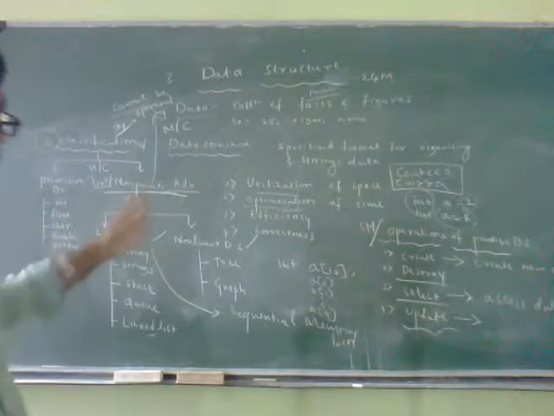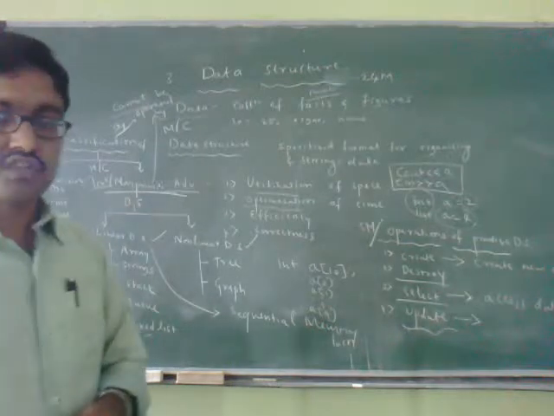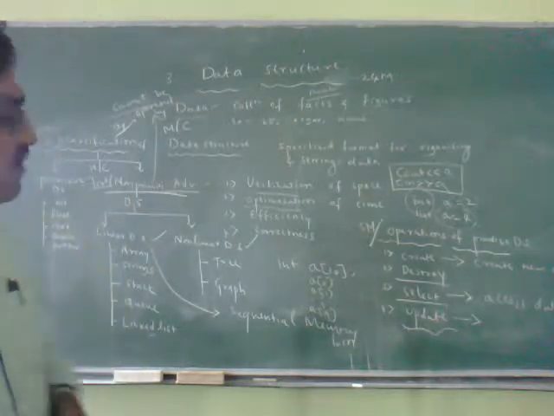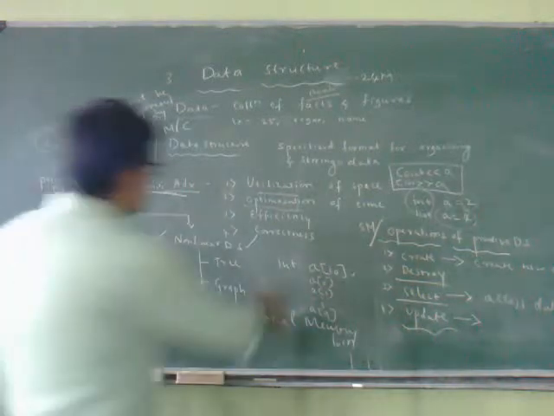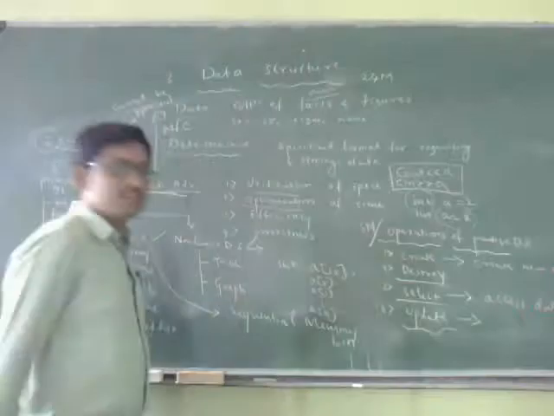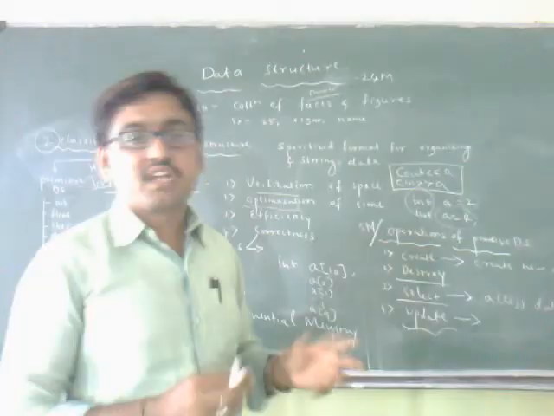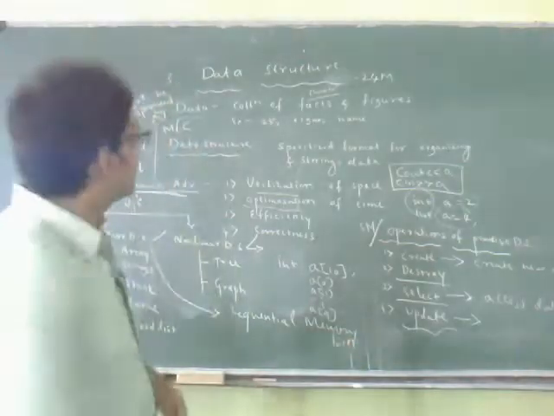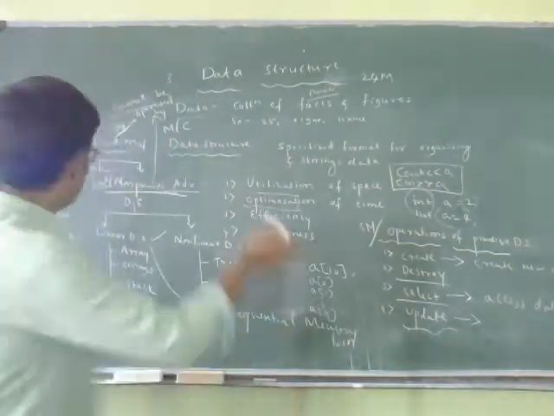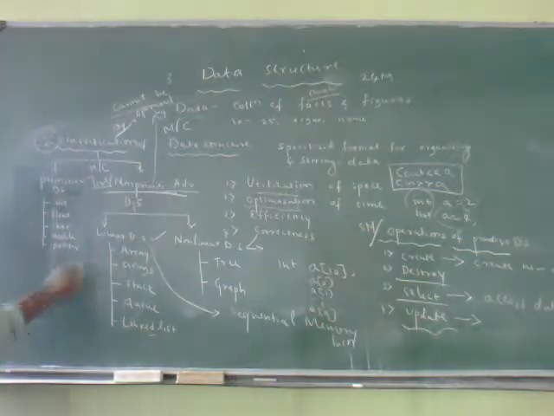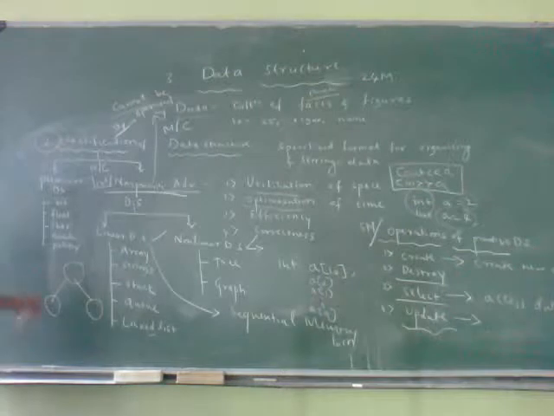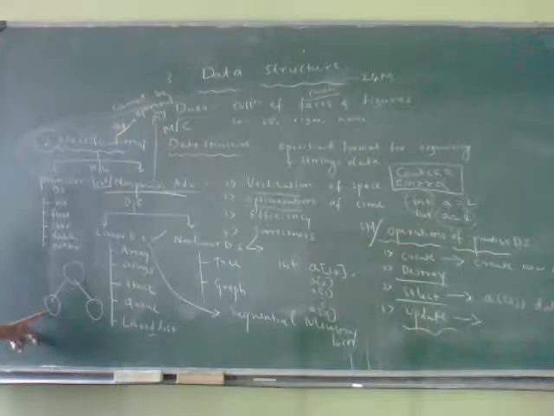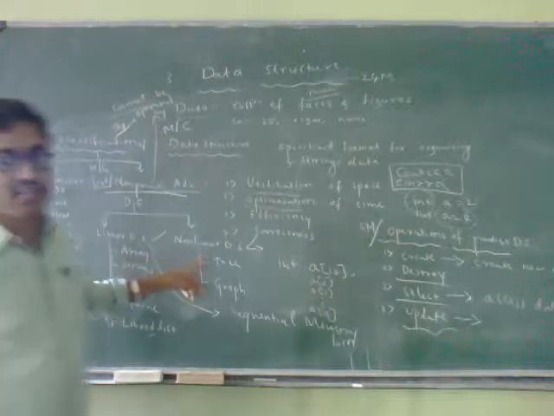Then the second one is the non-linear data structure. Non-linear means a data structure which is in a parent-child relationship form. This is a parent, these are children, in hierarchical format. If the data is in a hierarchical position, that is called a non-linear data structure.